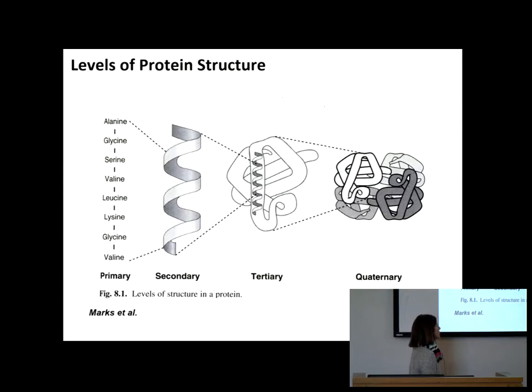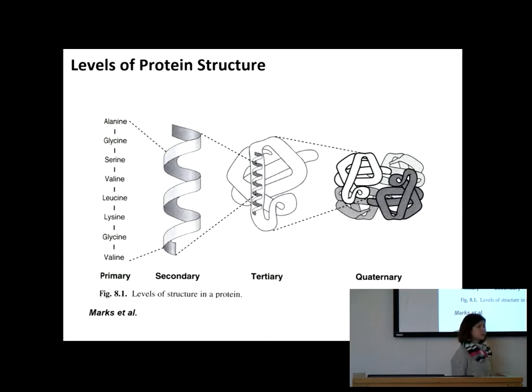Then we move on and fold up the entire protein, the entire polypeptide chain, into an active three-dimensional structure. Sometimes this is the entire story for a protein. But what is going on here is that the R groups, the side chains that we studied in the last chapter, whether non-polar, polar, acidic, or basic, interact in certain characteristic ways to fold up into our tertiary structure.